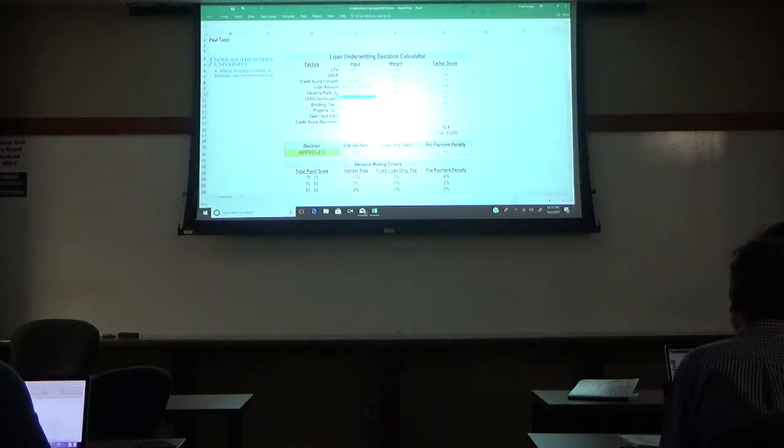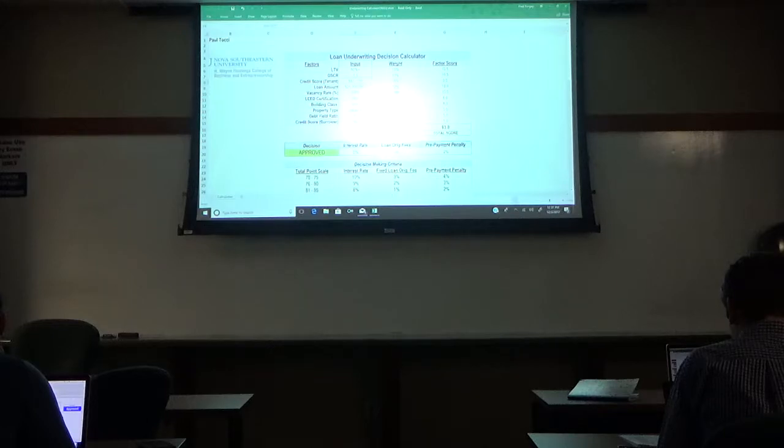Because you're considered a higher risk at that score, you're going to have a higher interest rate, loan origination fee, and prepayment penalty than somebody with a better credit score. So with these inputs we got a score of 83. It's approved, 8%, 1% loan origination fee, 2% prepayment penalty.